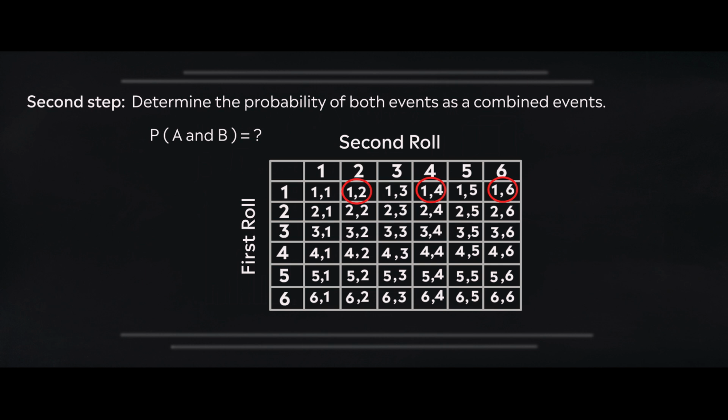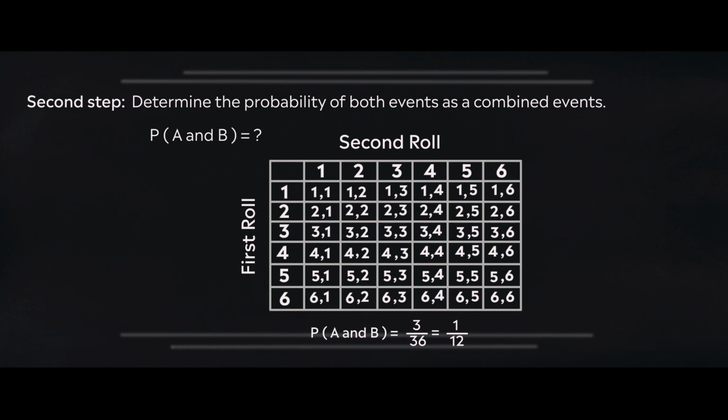So that's why the probability of A and B happening as a combined event is 3 by the total number of possible outcomes, which is 36, which when we simplify is equal to 1 by 12.